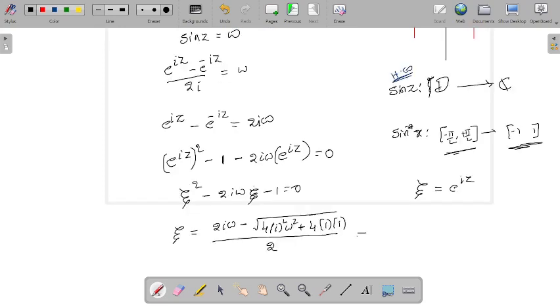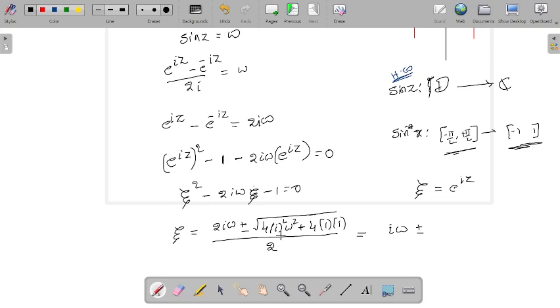Now if you simplify this, here you have iw plus or minus, 4 can be taken out, so you have 2. This i square will become minus 1, so this will be the square root of 1 minus w square. That's it. This is what e power iz is, because this is nothing but e power iz, no?